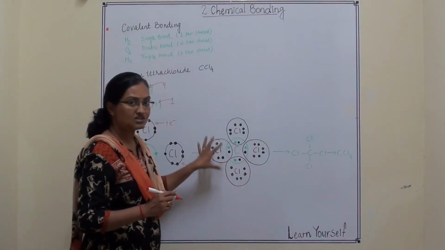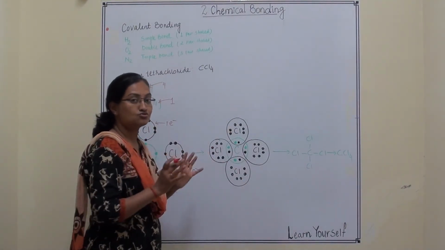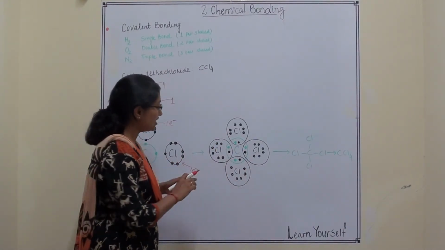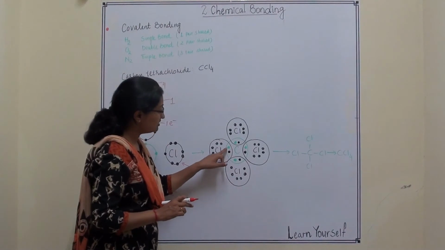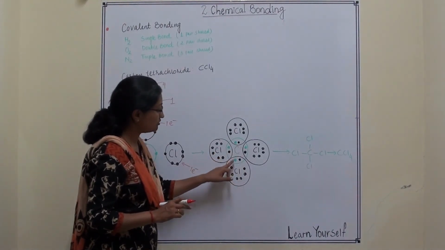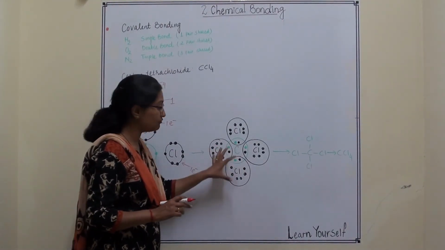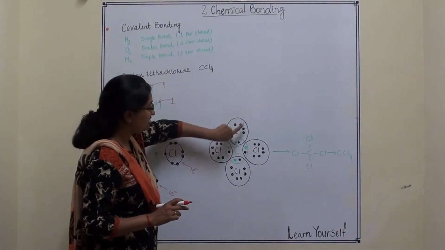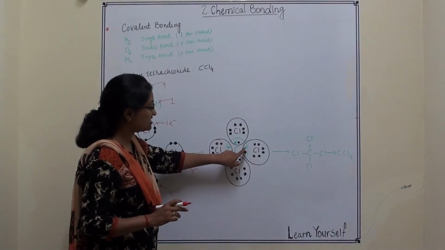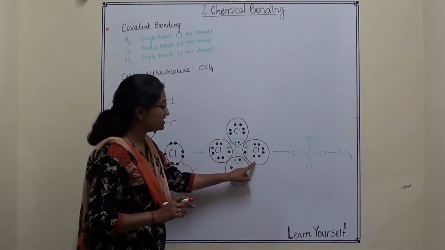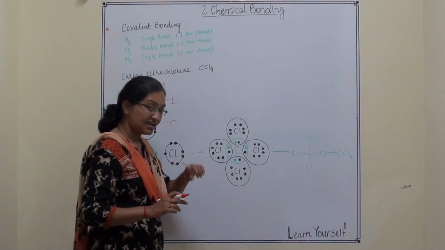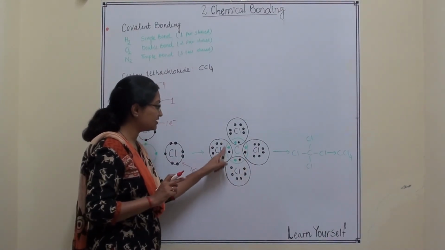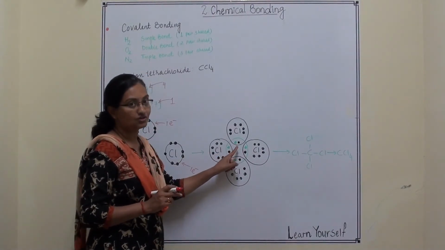There is no difference between these electrons. Just for understanding, I have made this color coding. Once the bond forms, this electron will behave as if it is in this chlorine's octet. This electron will behave as if it is in this chlorine's octet. At the same time, this electron will behave as if it is in this carbon's octet.